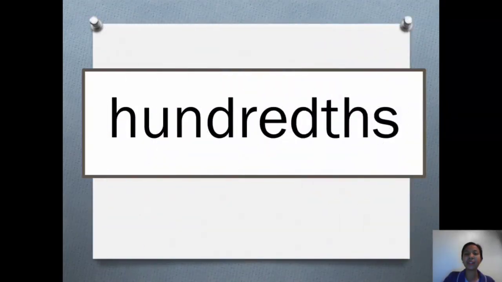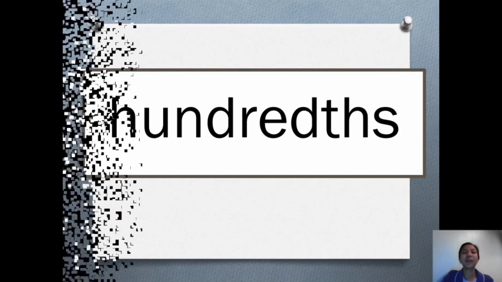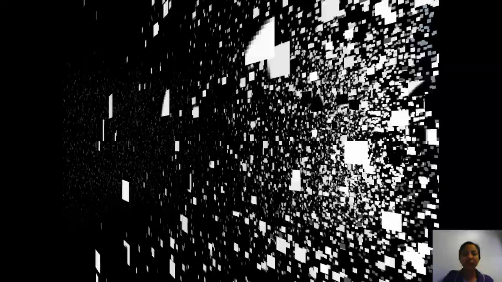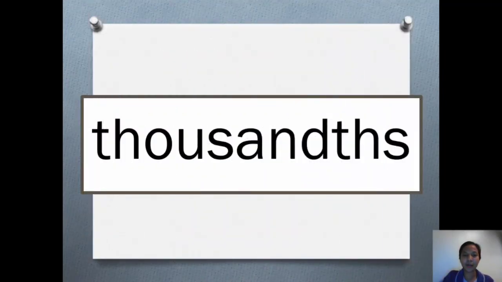H-U-N-D-R-E-D-T-H-S. Don't forget the TH here because it represents a fractional part. Hundredths. Alright? Next, how about thousandths? Of course, the word ends with TH, thousandths. Alright. So here's the spelling of the word thousandths. Okay?